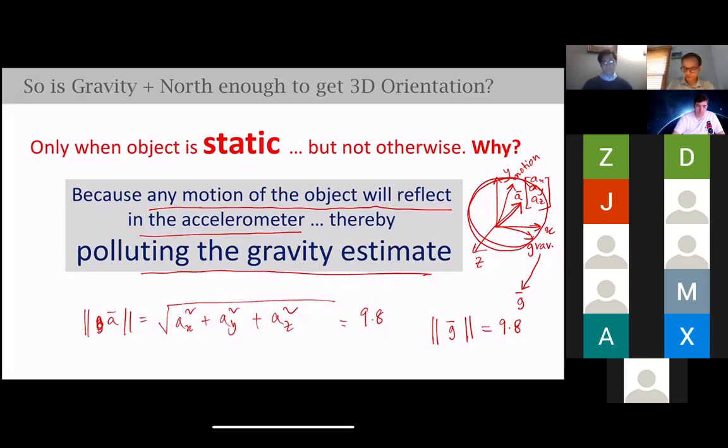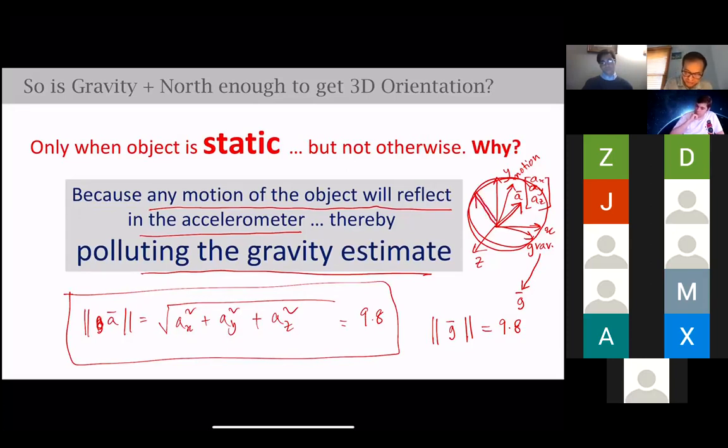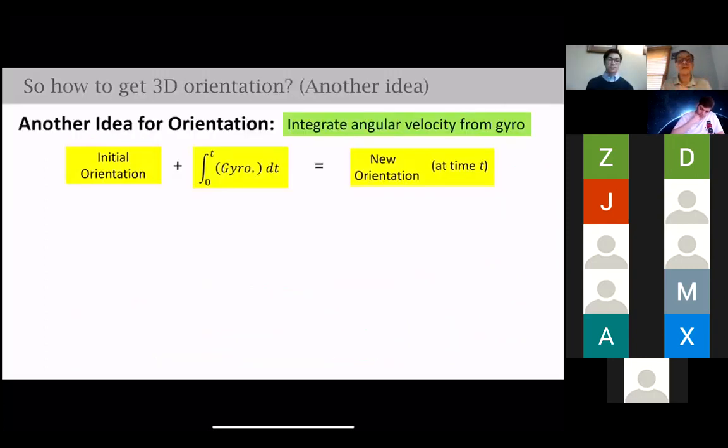Many things have to fall in place for the magnitude to be exactly 9.8. In other words, you're saying if this accelerometer vector lies exactly on this sphere, I'm going to say the object is static. Very good. So that's one way.